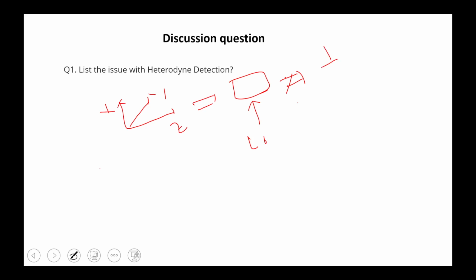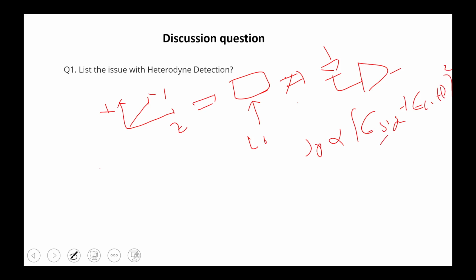There is a photodiode detector and an amplifier which amplifies the current. So what is the output current? I_P is directly proportional to the square of E_signal plus E_LO. E_signal means the intensity of the signal, and E_LO means the intensity of the local oscillator combined with that signal.